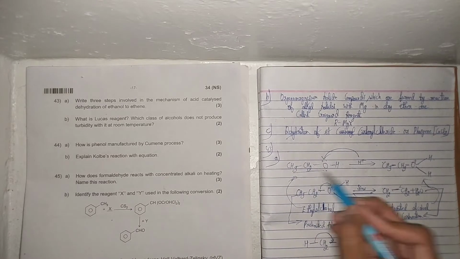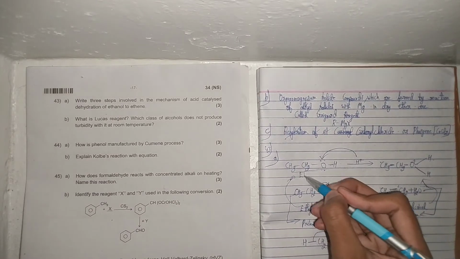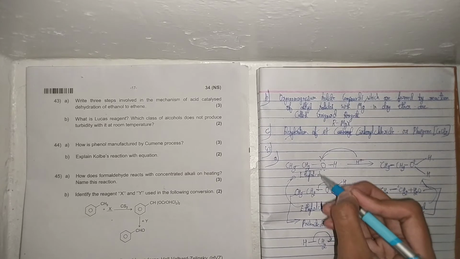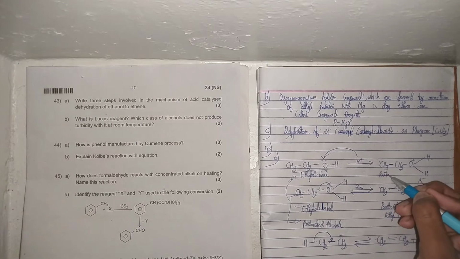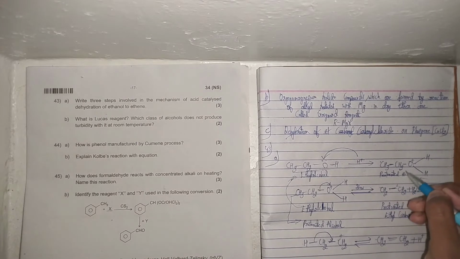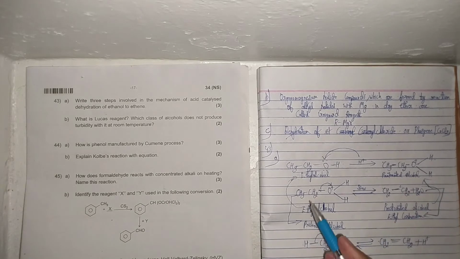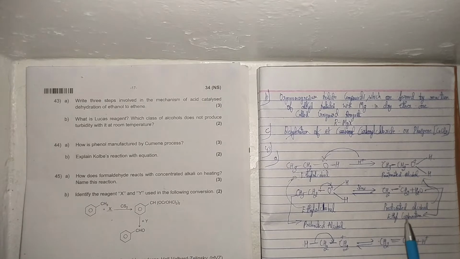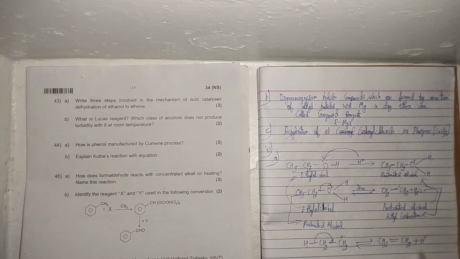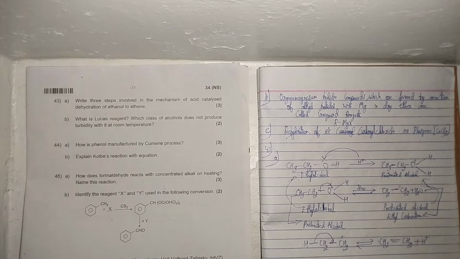So this one is the ethyl alcohol, and this one we got is the protonated alcohol, and this protonated alcohol again we have reacted, and we got the ethyl carbocation. Finally, this is the reaction. So this is the three-step mechanism of the acid catalyzed dehydration of ethanol to ethene.